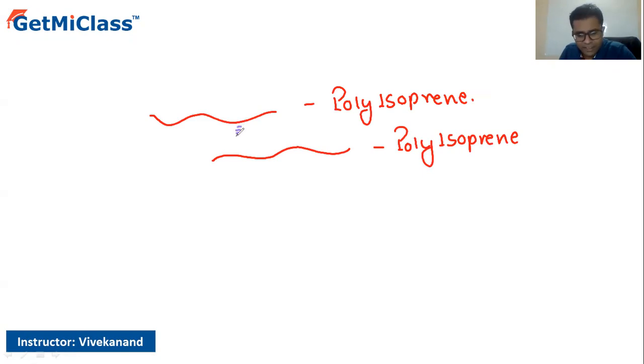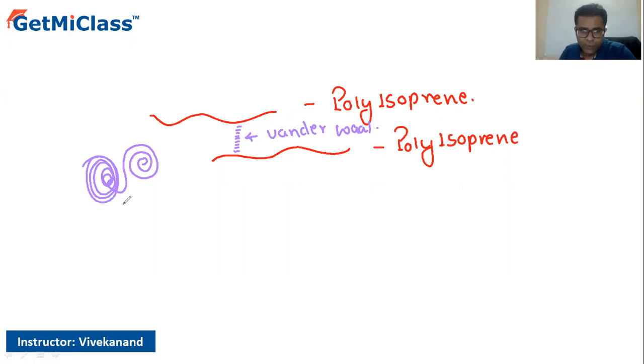Between these, there are going to be weak van der Waals forces. Due to the van der Waals forces between the polymeric chains, these rubbers have coiled structures, which we can actually elongate.